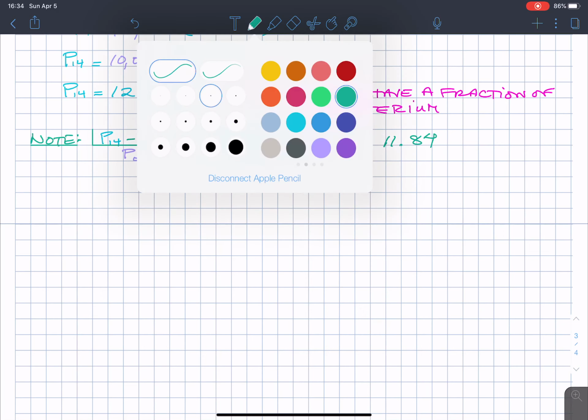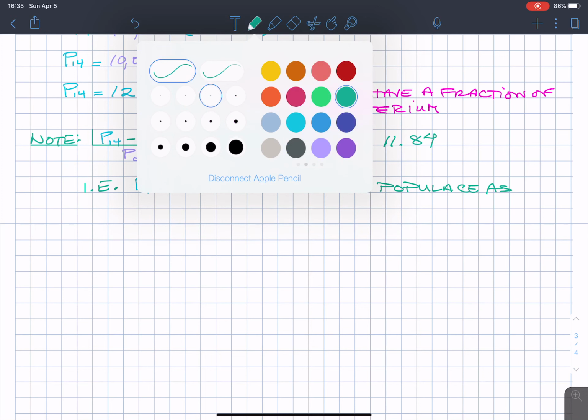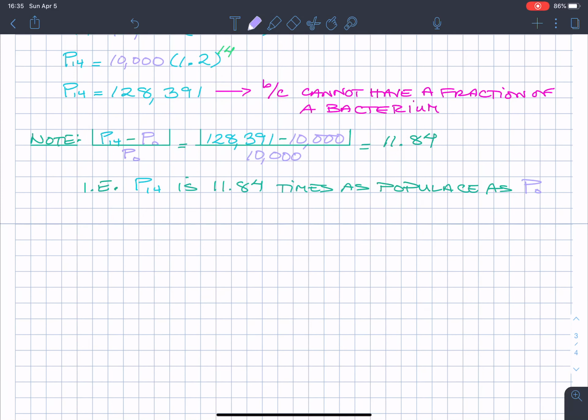That is, P sub 14 is 11.84 times as populous as P sub 0. So in 2 weeks, it nearly multiplied by 12.